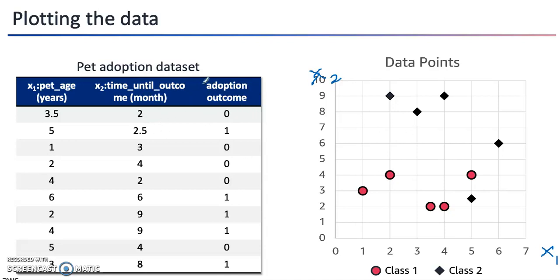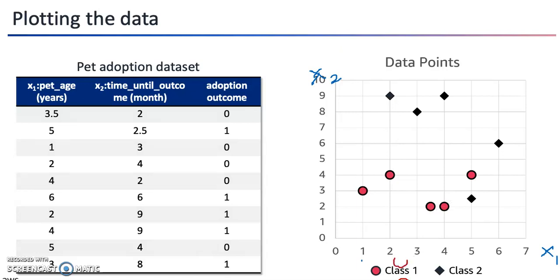So because the categorical variable has been encoded already into either zeros or ones, then that is displayed here in terms of a shape and a color. So here we see the data points represented with circles in color red.